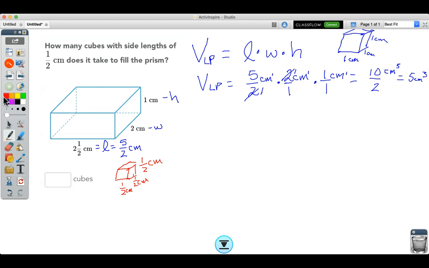Our question is we have cubes of 1/2. So let's find the volume of SP, or small prism. The same length times width times height, same equation. A lot of people make the mistake of saying, oh, the volume is 1/2.